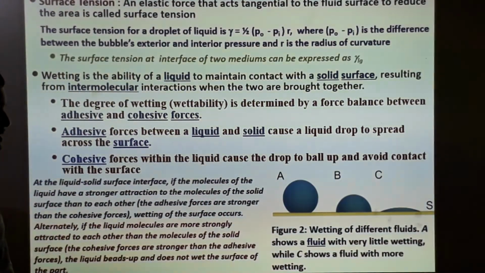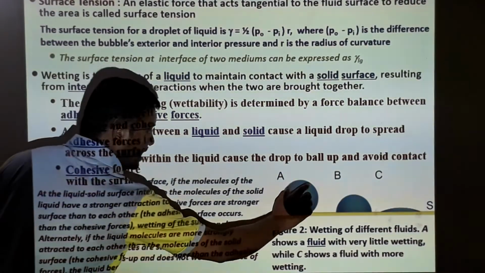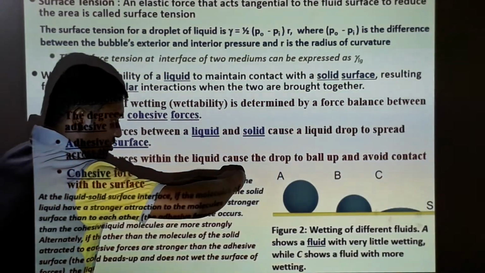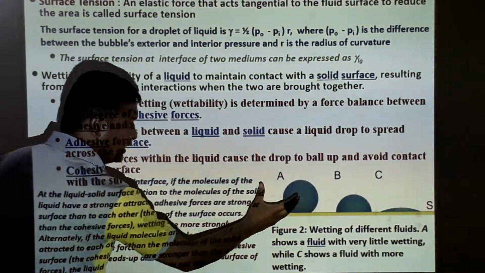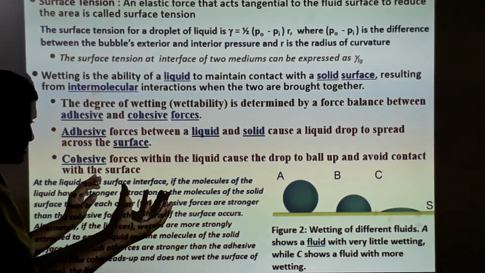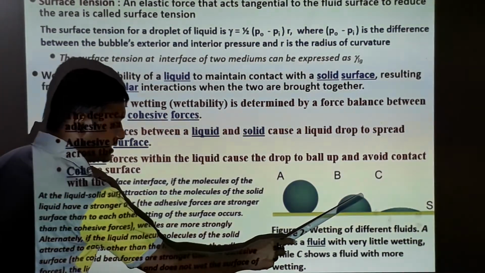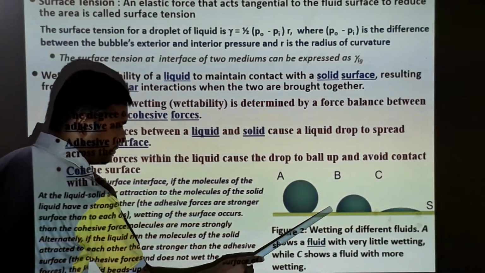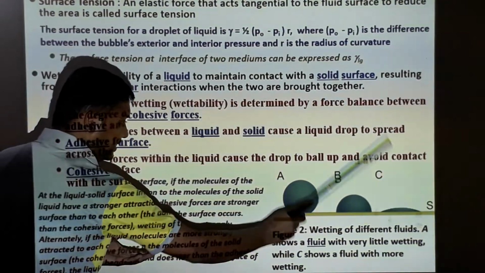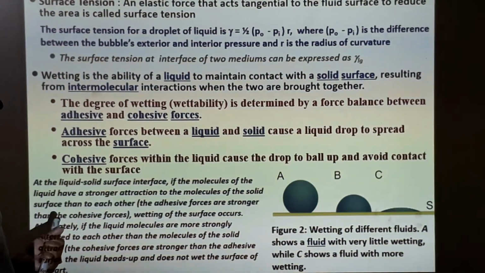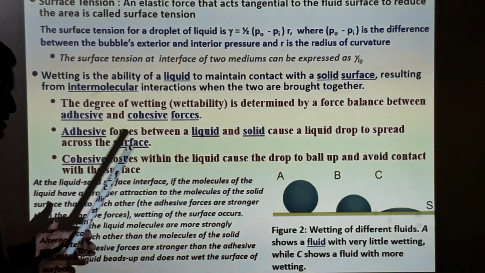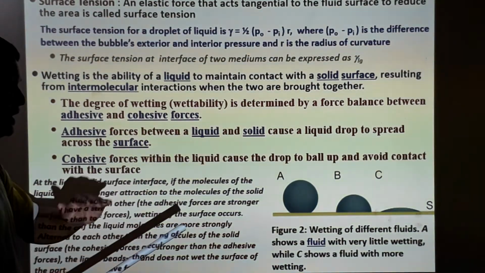Here the surface tension tends to shape the water particle into a circular shape. In one case surface tension is not that high, and here it is very less. So the first thing is that surface tension means the tension that acts on the surface of the liquid.